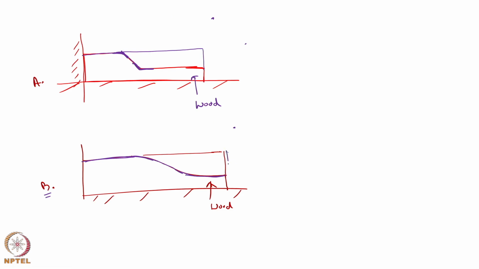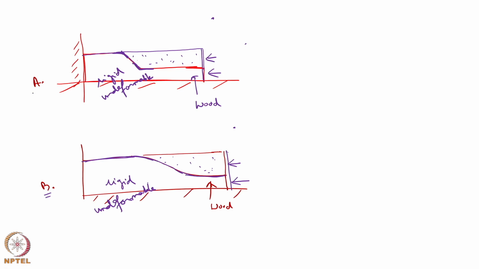Now that I am pushing both of them by pistons, cake or clay and wood, what will happen? This wood is rigid and undeformable so long as the applied stress is not very high, but the clay material here or the clay material here will easily undergo deformation.